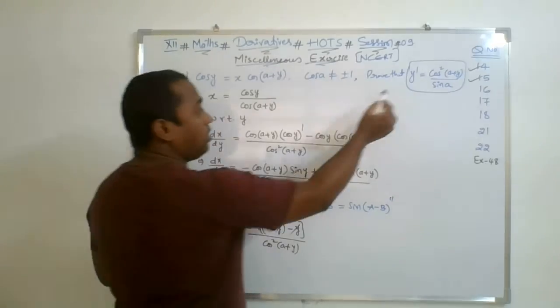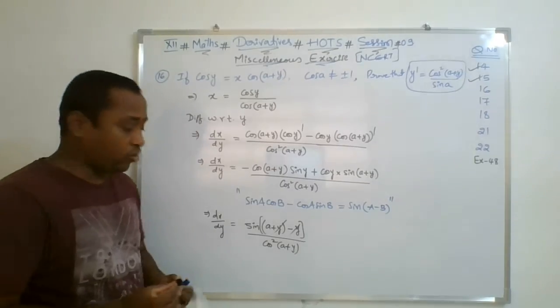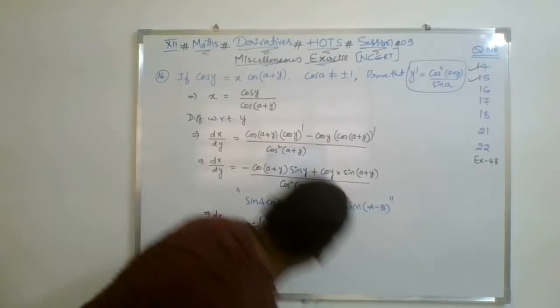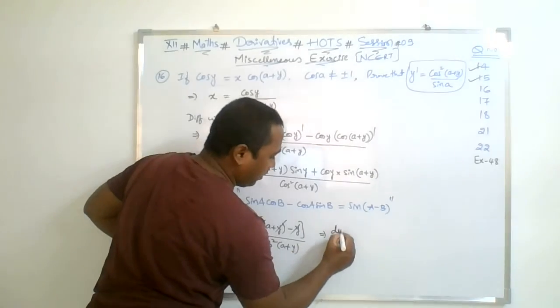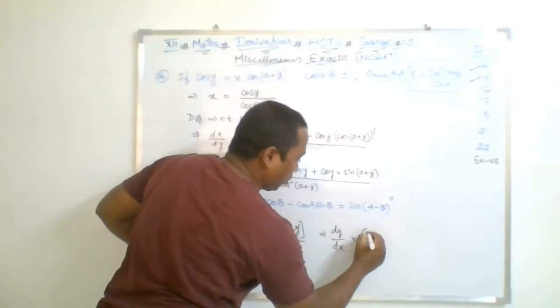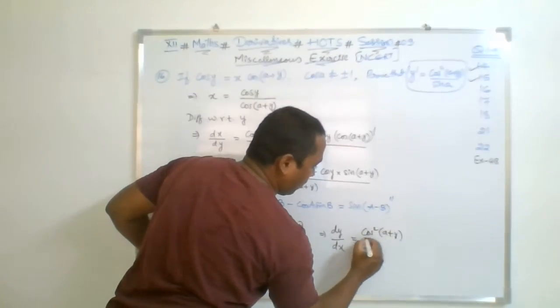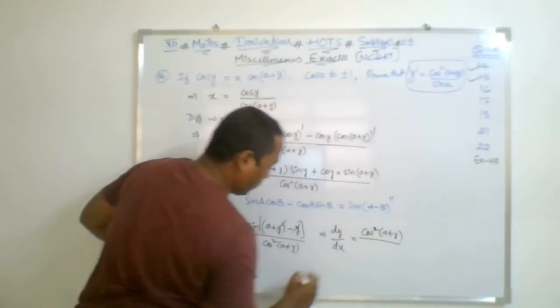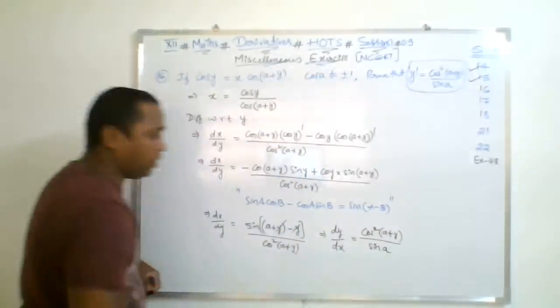But we are looking for dy by dx, which is simply the reciprocal. So if this is dx by dy, then dy by dx would be cos square of (a plus y) upon sin a.